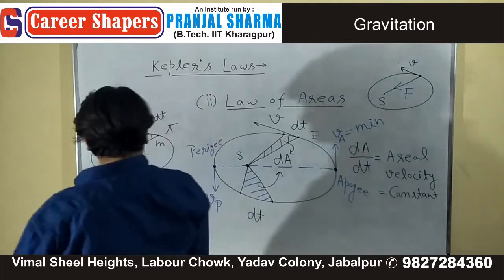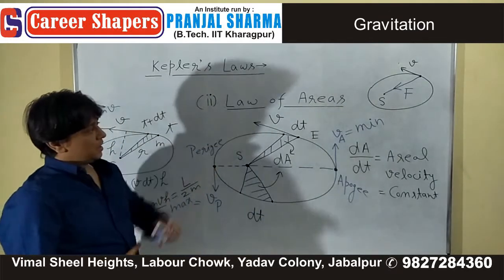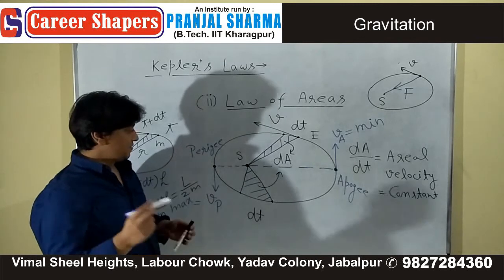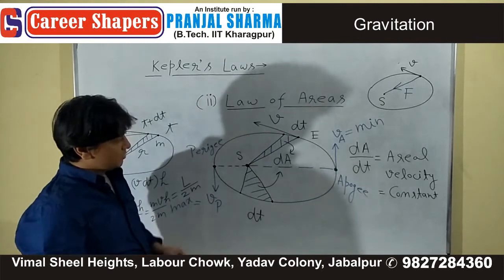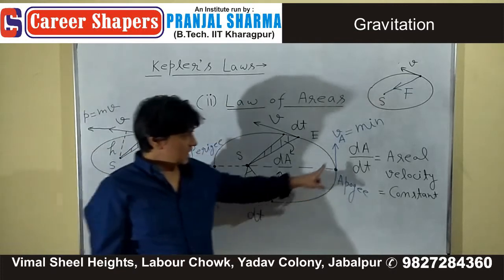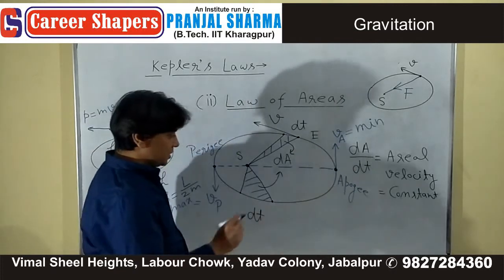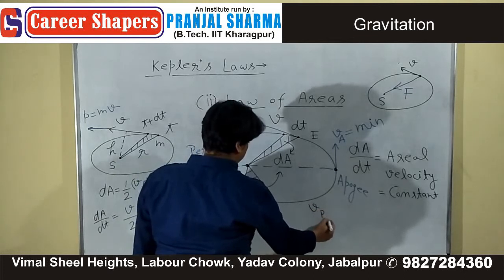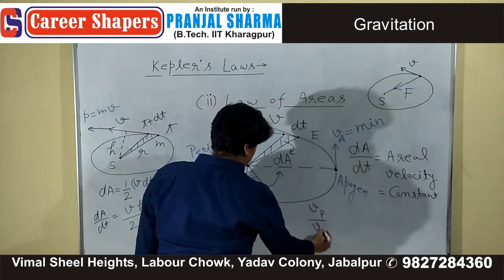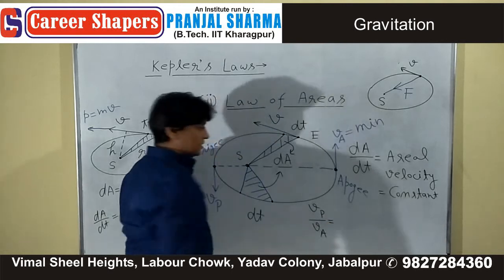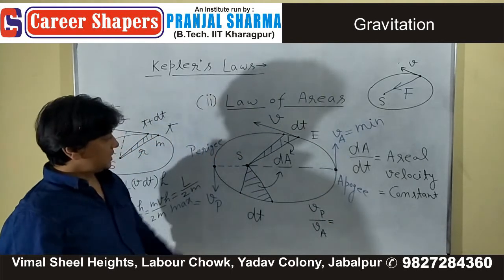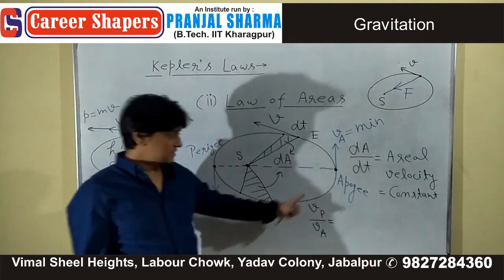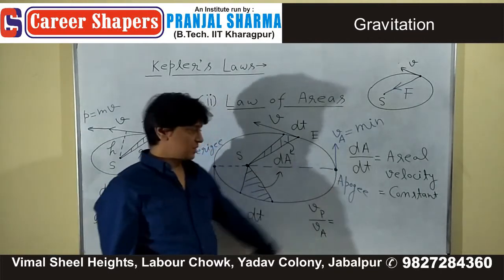Now, note down this much and then find out the ratio of Vp and Va. You need to find Vp and Va in terms of the distance of perigee from the Sun and the distance of apogee from the Sun.